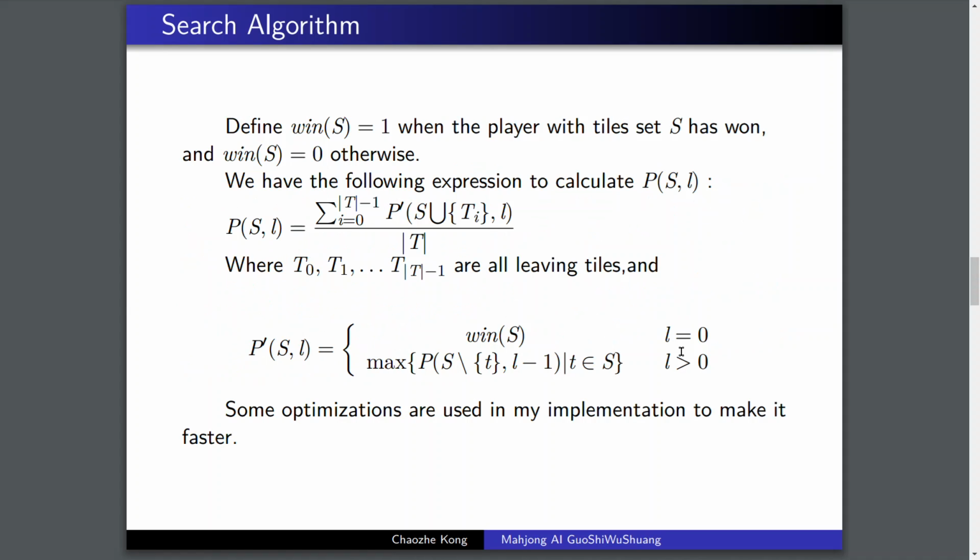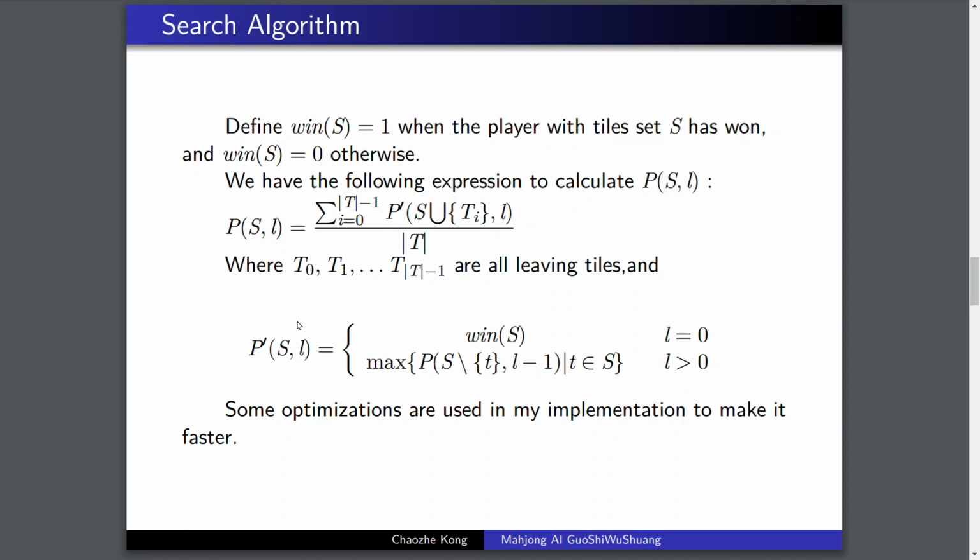Define win(S) equal 1 when the player with tile set S has won, and win(S) equals 0 otherwise. We have the following expression to calculate P(S, L). Here T are all living tiles. We get all tiles with equal probability.